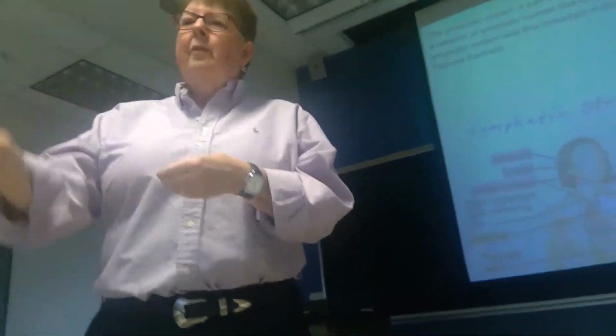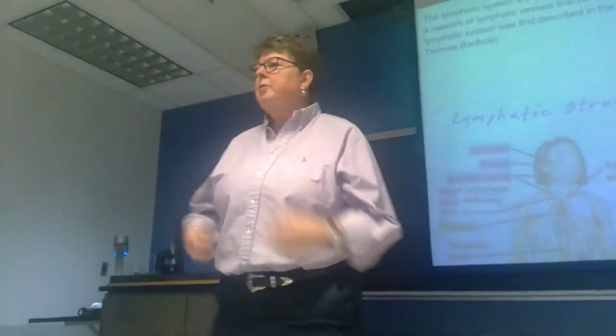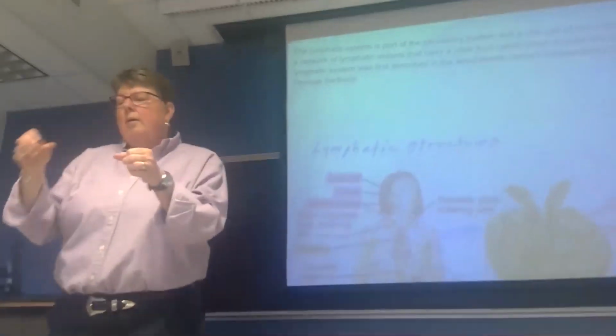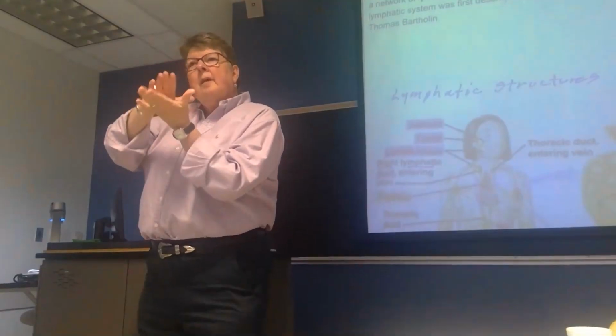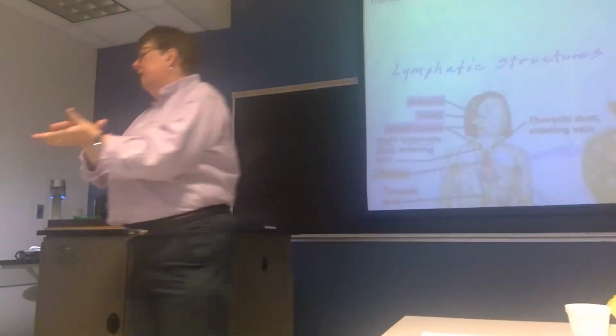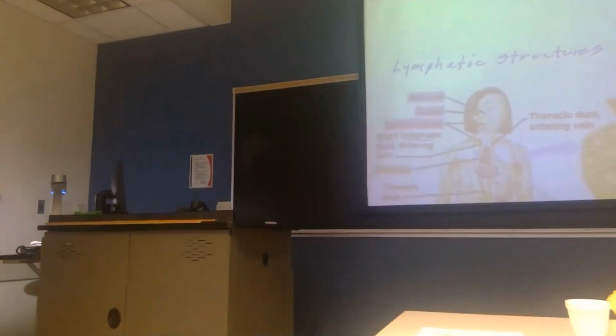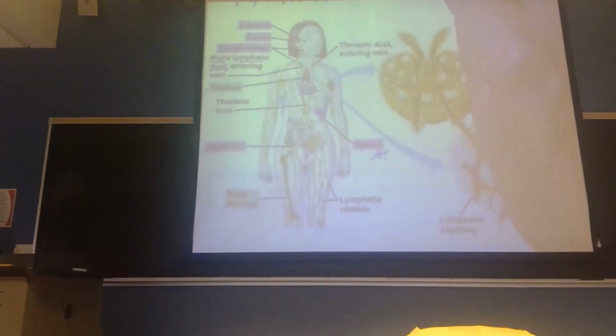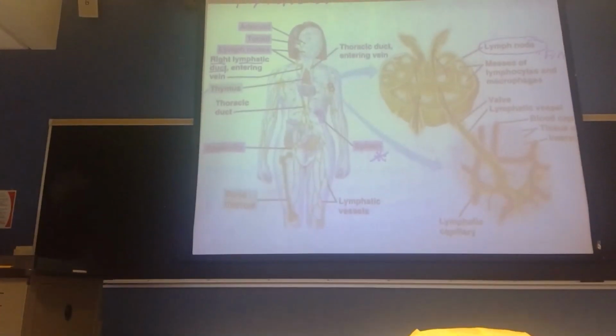It's not to carry food and oxygen. You have all these lymph vessels and little lymph nodes, filtering units, where lots of white blood cells sit to phagocytize any of the pathogens that happen to be filtered out. Lymph nodes sometimes get swollen when there's an infection. So the fluid in the circulatory system is called blood.